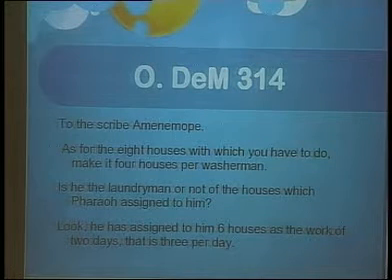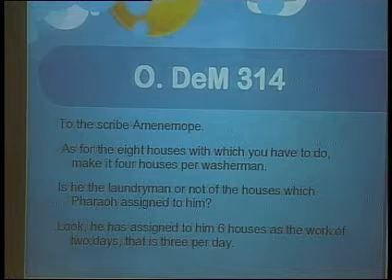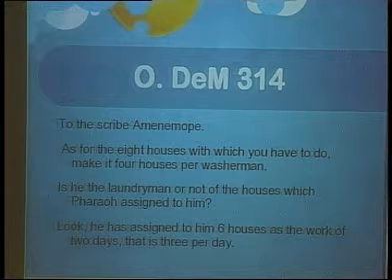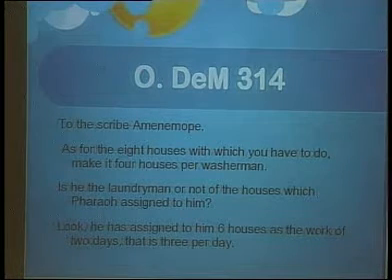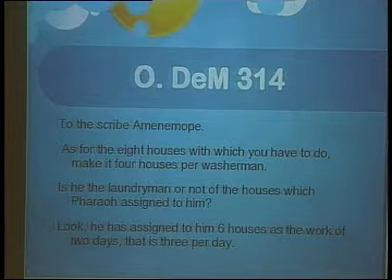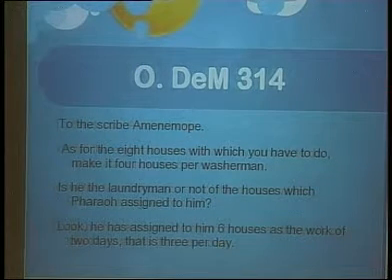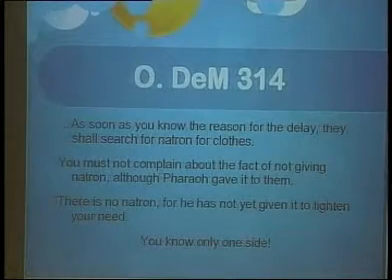Here we have the complaint of the writer to the scribe Amenemope, and basically what he's complaining about is that the laundrymen have got too much work, and they refer back to what their original allocation was. So they've got too much work, too many houses, and they want a reduction in the number of houses that they're going to serve. And the text continues by complaining that they haven't got enough soap.